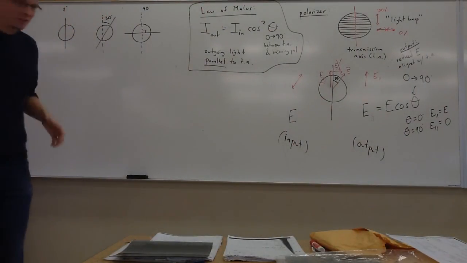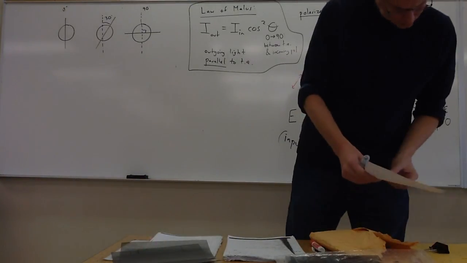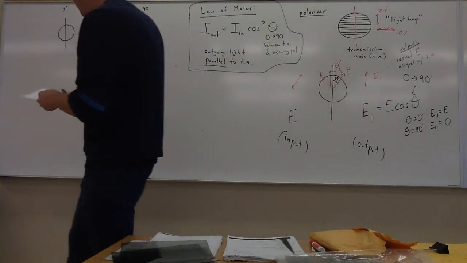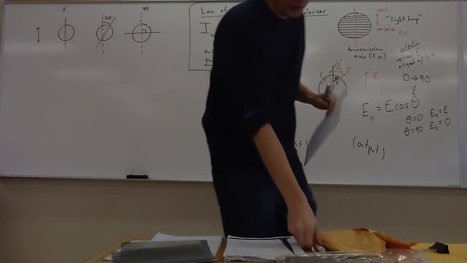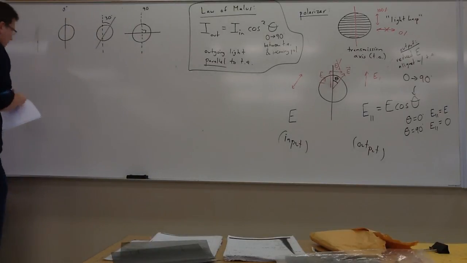All right, so let's send in unpolarized light from the beginning. Let me do it in a different color, actually, just that way we can have a little more clarity, hopefully.